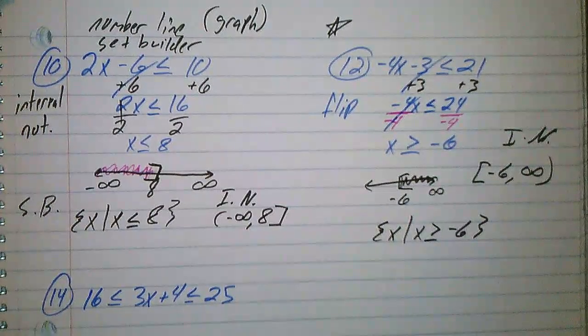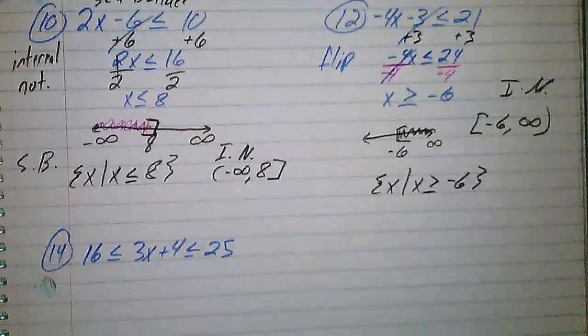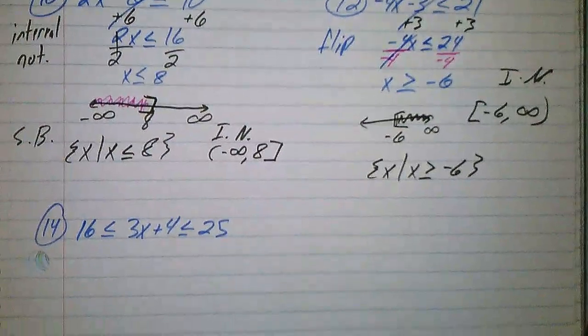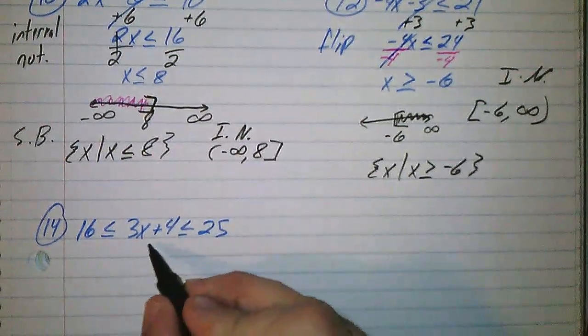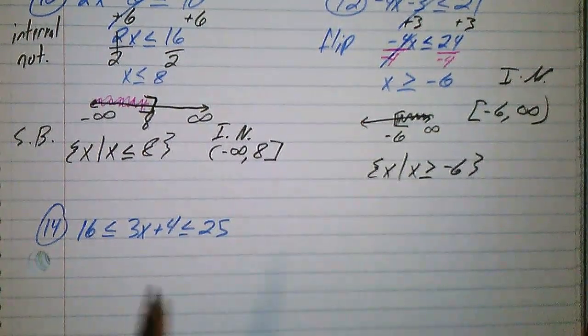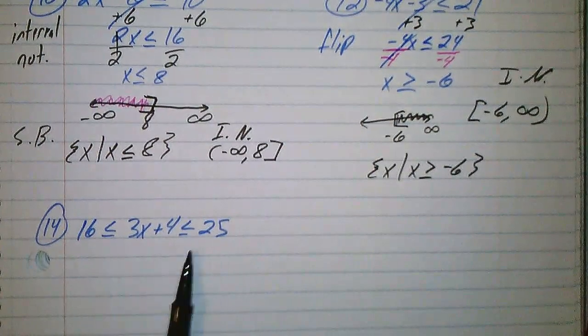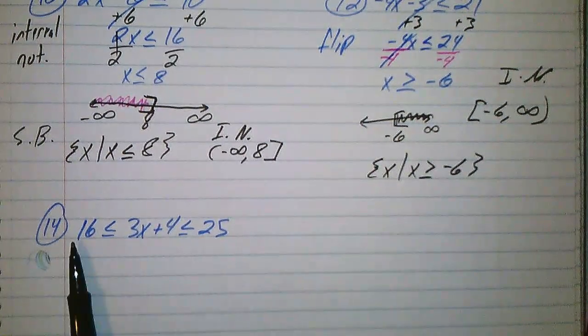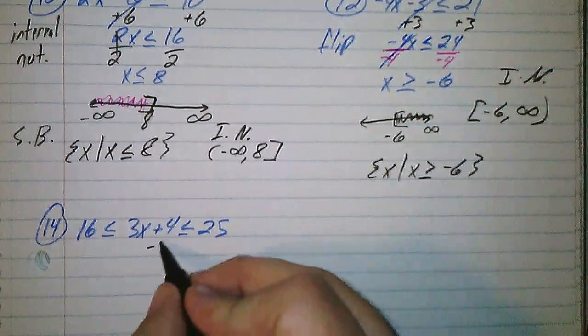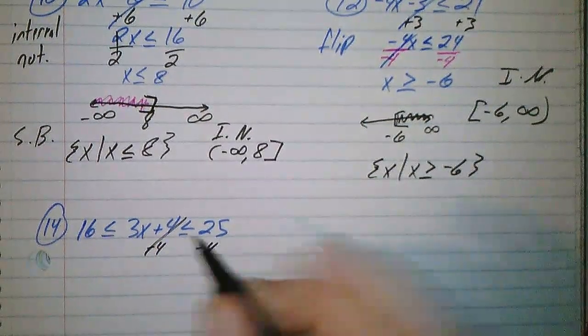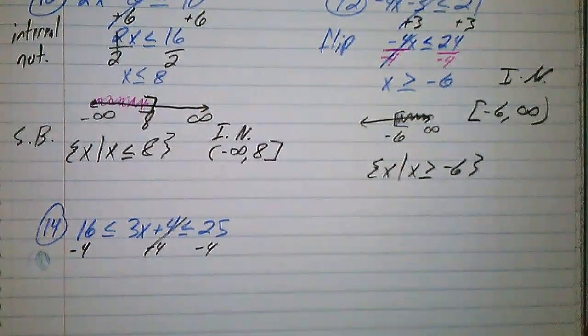And finally, one of these two symbol problems. We get x by itself. Here we have two symbols, so we're going to work once in the middle and once on either side. So subtract 4 from all pieces of the inequality.